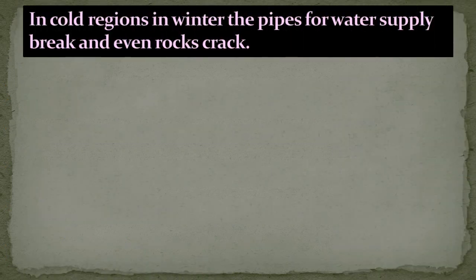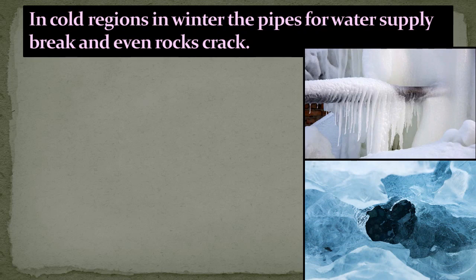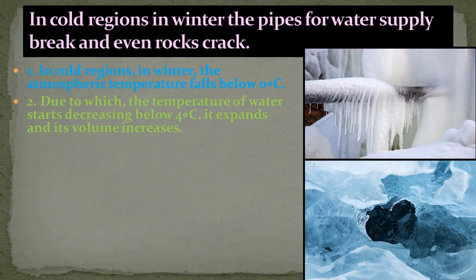Now next: in cold regions in winter, the pipes for water supply break and even rocks crack. Here also the anomalous expansion of water helps explain this. In these two pictures you can observe the pipes and the rocks broken in the cold winter. In a cold region in winter the atmospheric temperature falls below 0 degrees Celsius, due to which the temperature of water starts decreasing below 4 degrees Celsius, and it expands and its volume increases, and as the volume increases its density decreases.